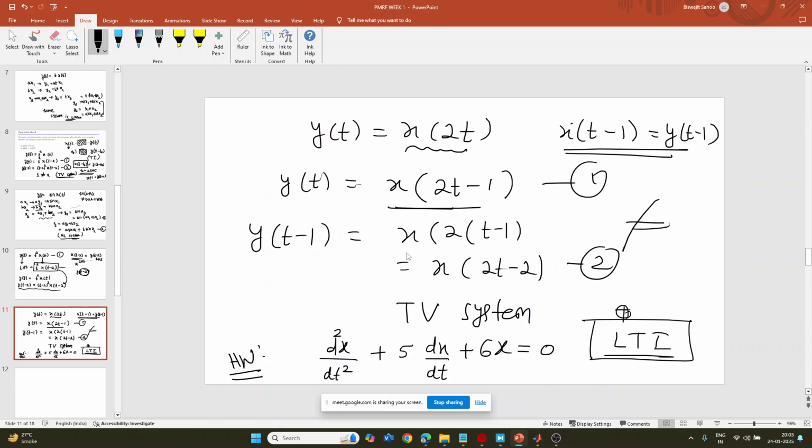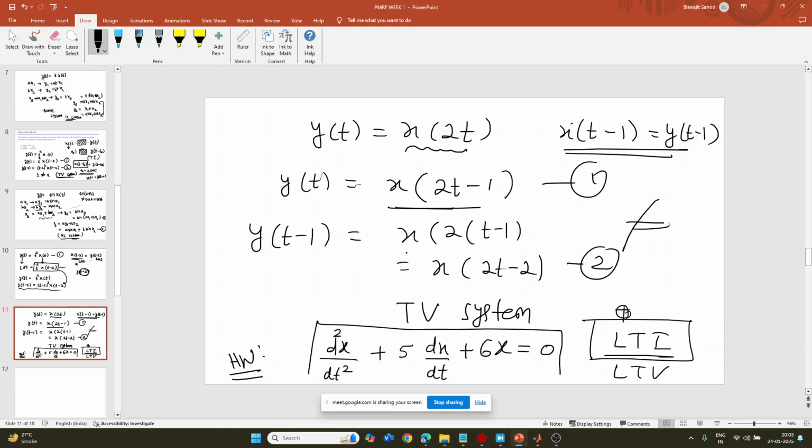Whatever equations and systems you are going to solve are all linear time invariant systems. If a linear time variant system comes, which depends upon time, there are other methods to solve that. The system is complicated, and you make some assumptions to solve those questions. So first check this equation, whether the system is linear time variant or linear time invariant.